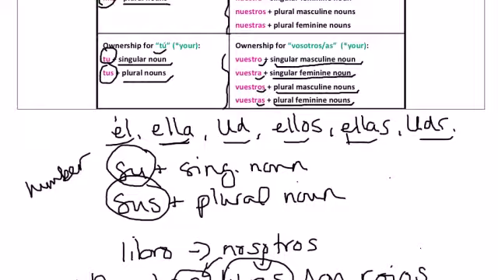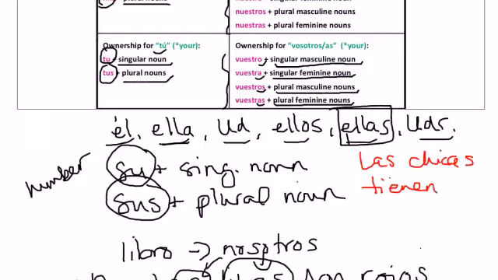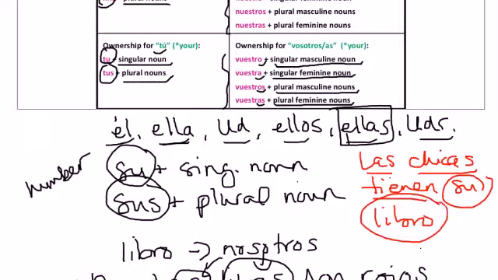For example, if I want to say the girls have their book, I'm going to say las chicas tienen su libro. Even though it's las chicas and it's tienen, these all agree. Because this is an adjective, describes one book that they all have, it has to be su libro.